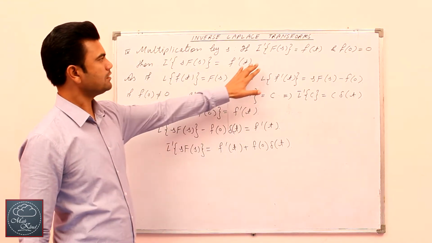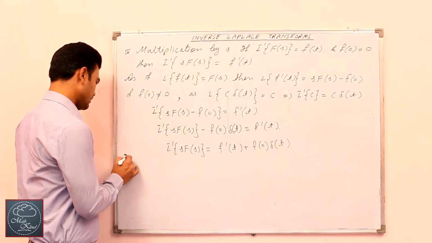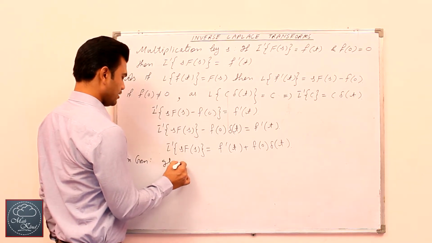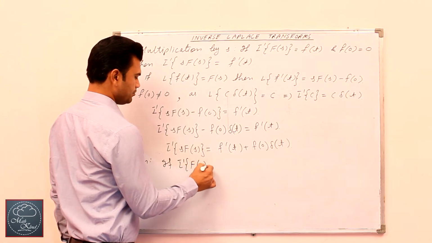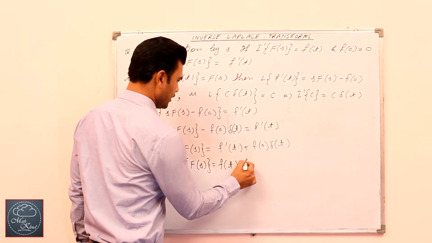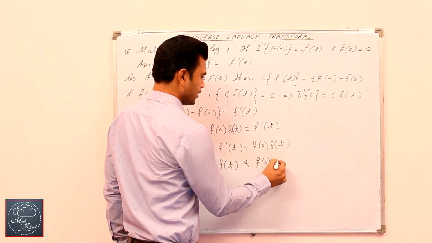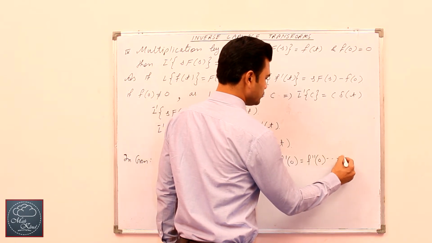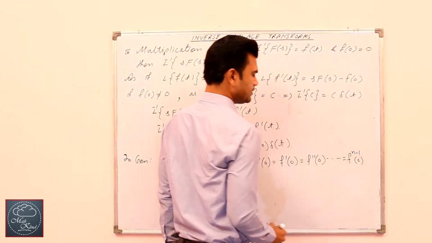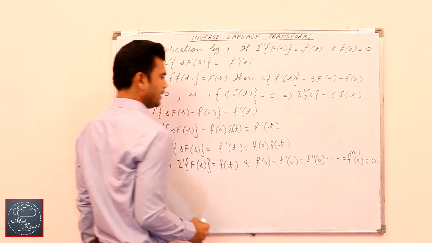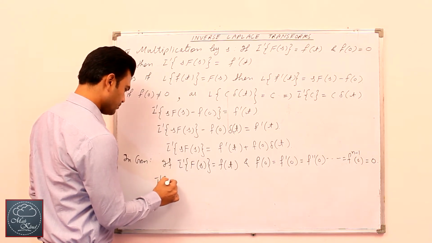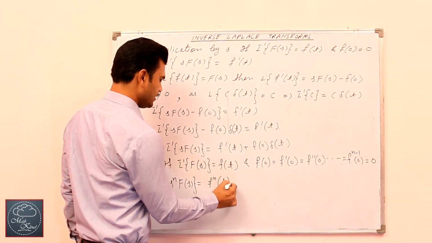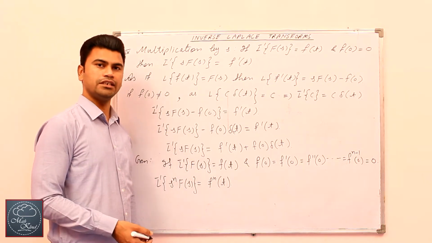And this result can be generalized: in general, if the inverse Laplace transform of f(s) is f(t), and f of 0 and its derivatives f dash at 0, f double dash at 0 and so on, up to the (n minus 1)th derivative at 0, are all 0, then the inverse Laplace transform of s power n f(s) will be given by f n t, that is the nth derivative of f(t).